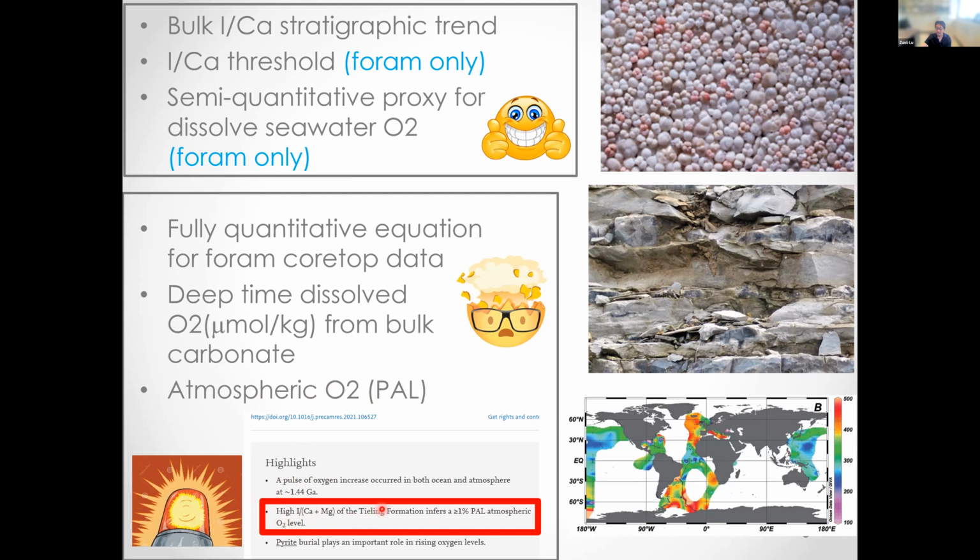The reason is fairly simple. If you look at the modern day iodate distribution in the seawater, you get huge variability from place to place.